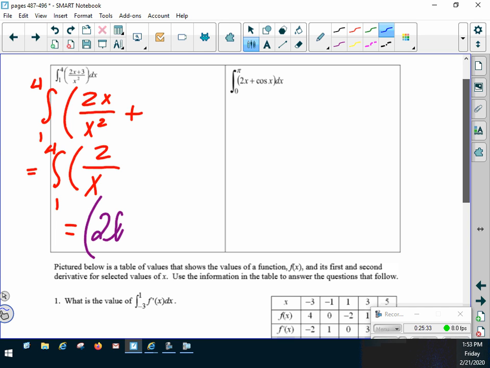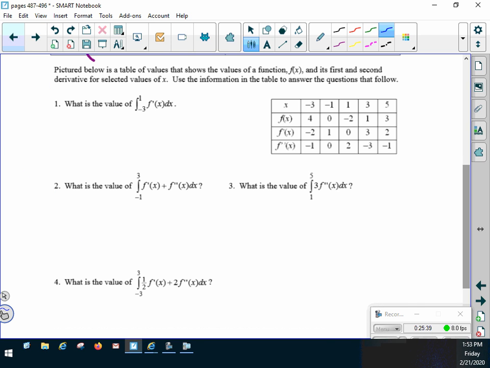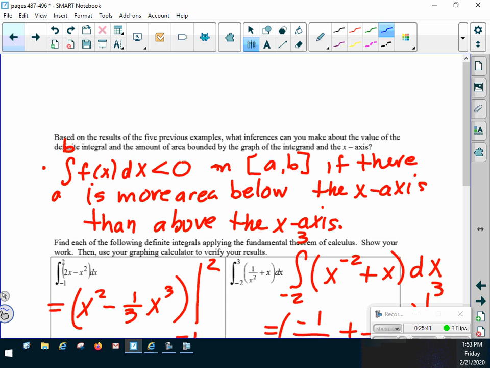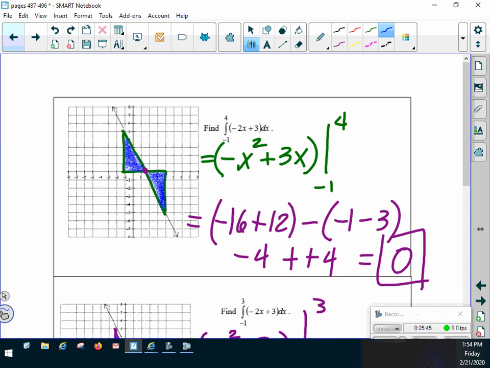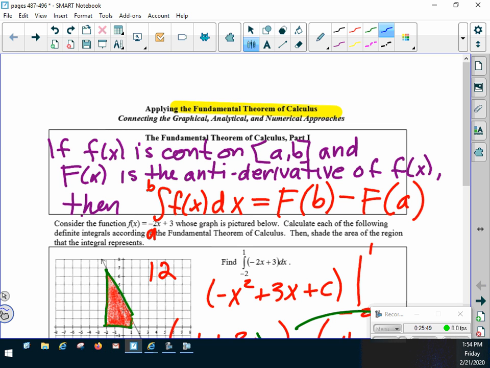You know something we should have paid attention to on that last one? The fundamental theorem of calculus had something important in it. Don't forget that piece.